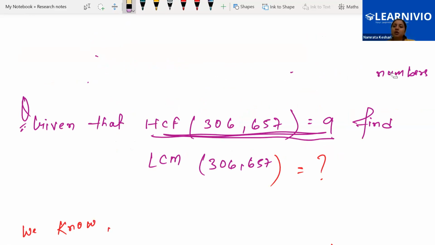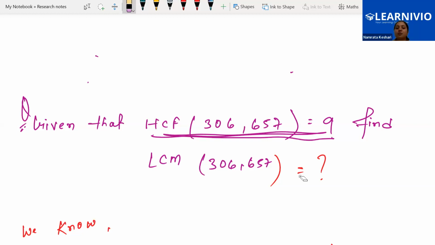Okay, so here we have the question, Ifra: given that the HCF of 306 and 657 is 9, find the LCM. I have explained that whenever we have this type of scenario, we are not going to find the LCM by prime factorization, because one piece of information is given, that the HCF is 9. That means we have to use this information.